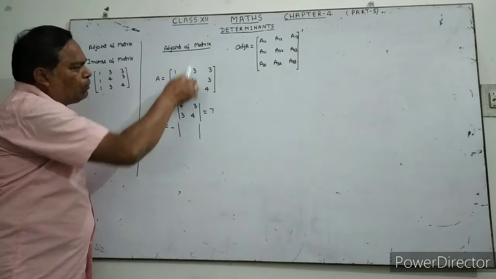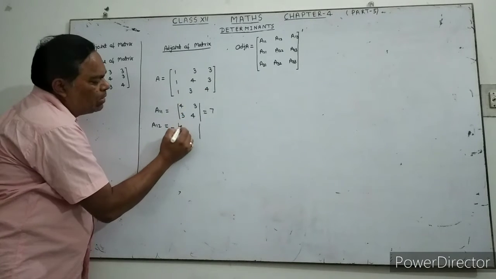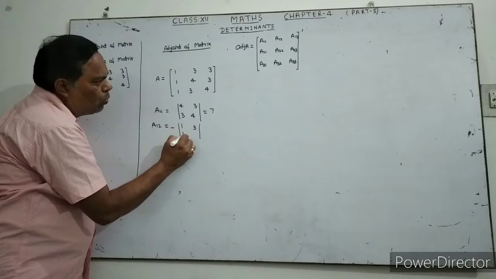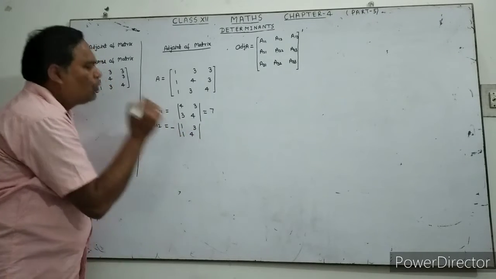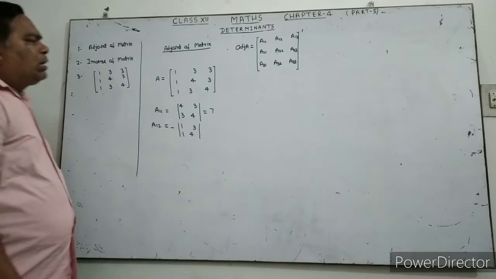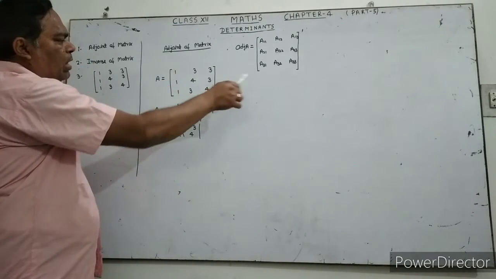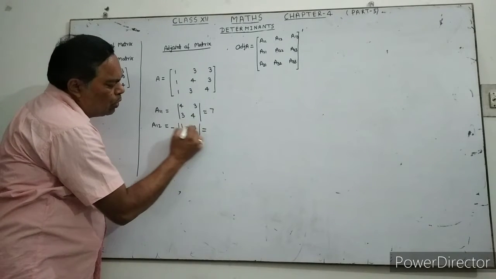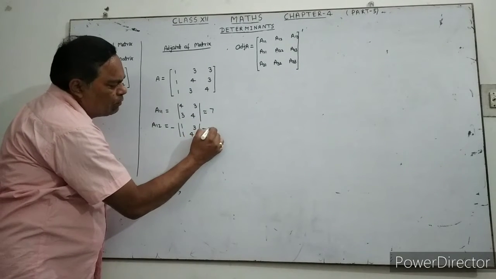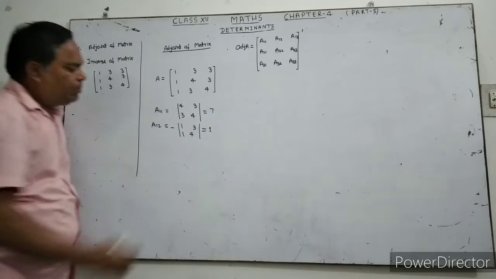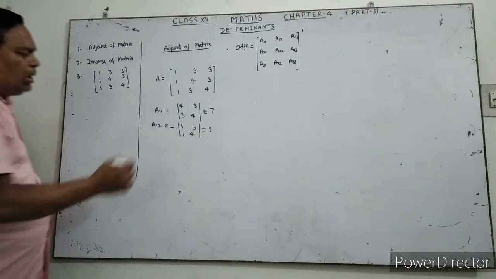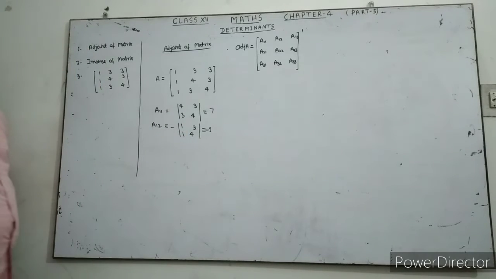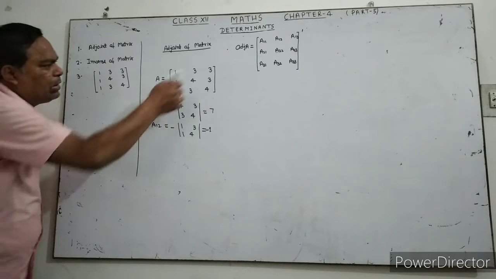This leaves 1, 3, 1, 4, which is 4 minus 3, which is 1. With the minus sign, A12 is minus 1.